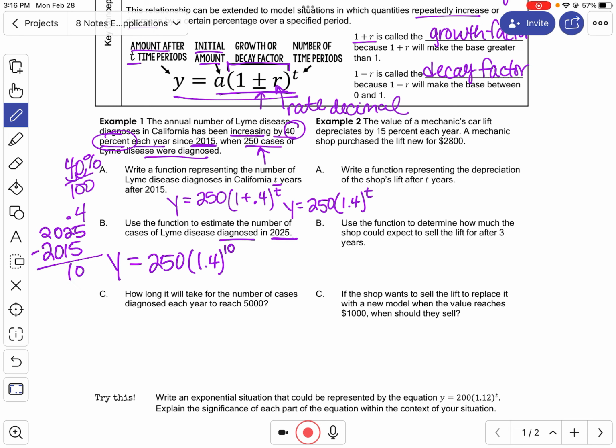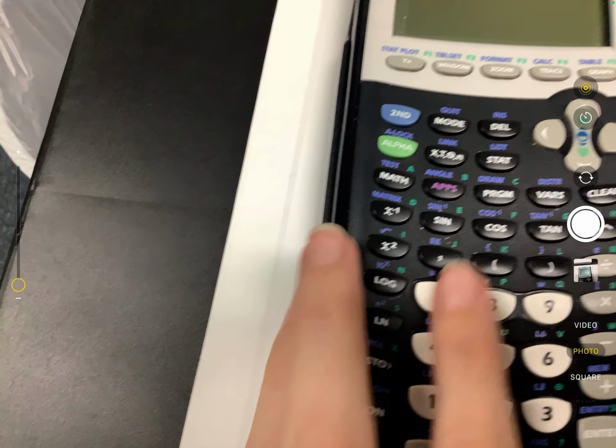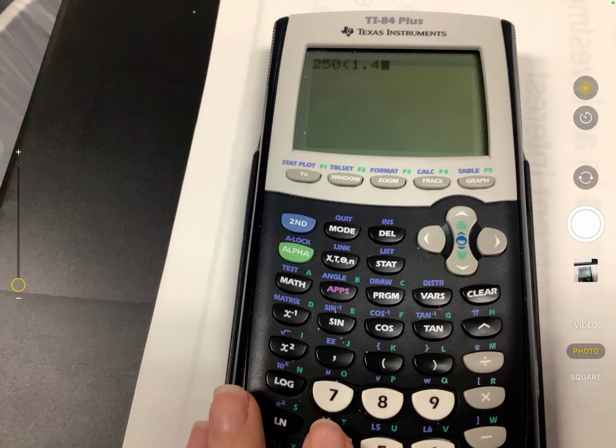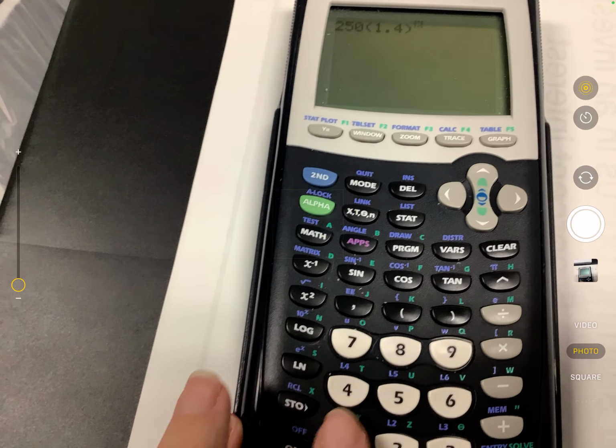Okay, so we can just plug that into the calculator, on the home screen. So we're typing in 250 times 1.4, and then we're raising that to the 10th power.